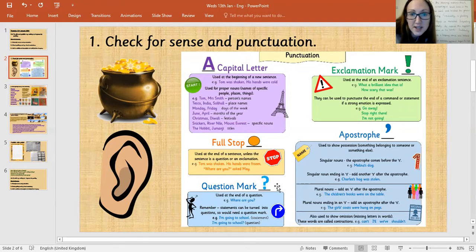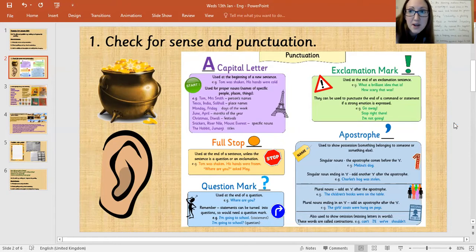And if you have done that, or you want to add that in, you'll use a question mark. An exclamation mark for an exclamation sentence, if a strong emotion is expressed, and apostrophes. So if it's the archaeologist's hands, for example, they belong to the archaeologist, so we need to use an apostrophe there.